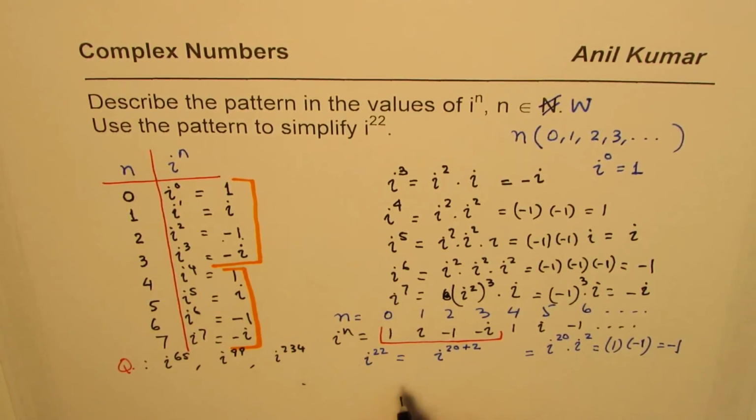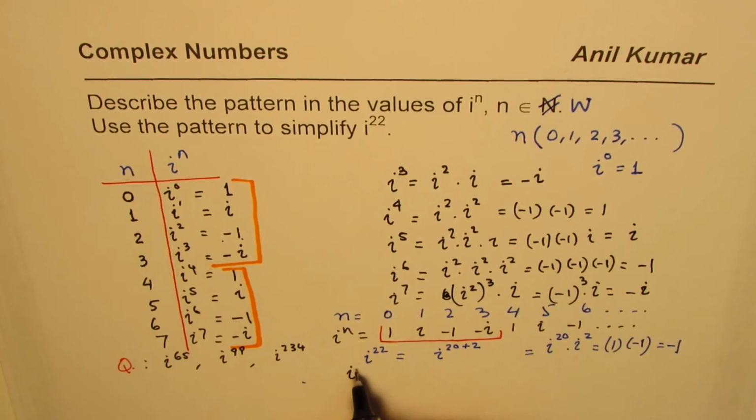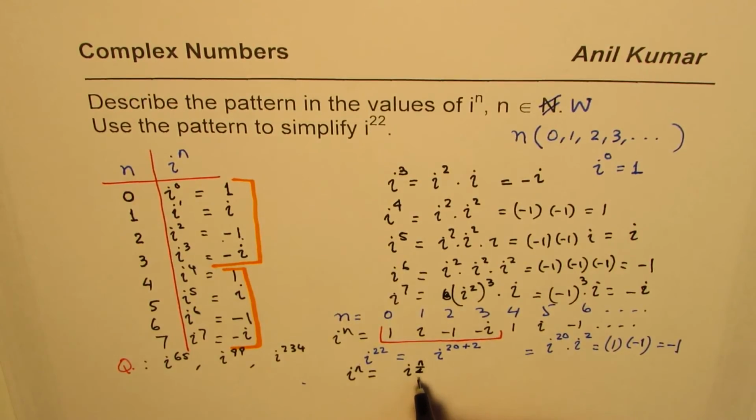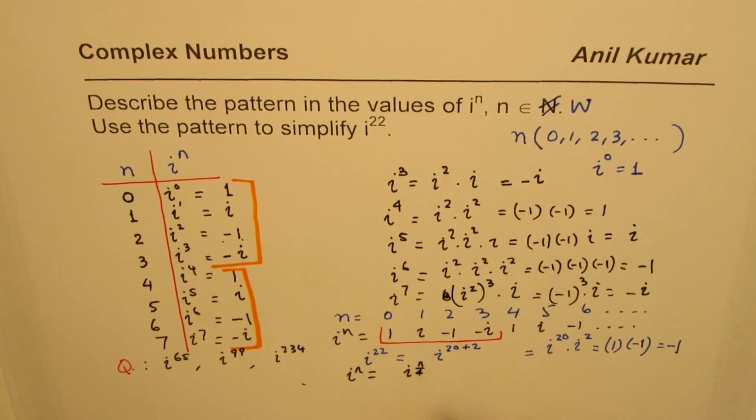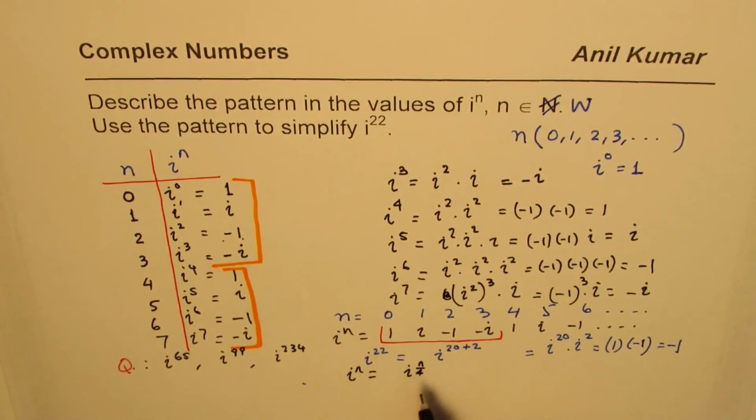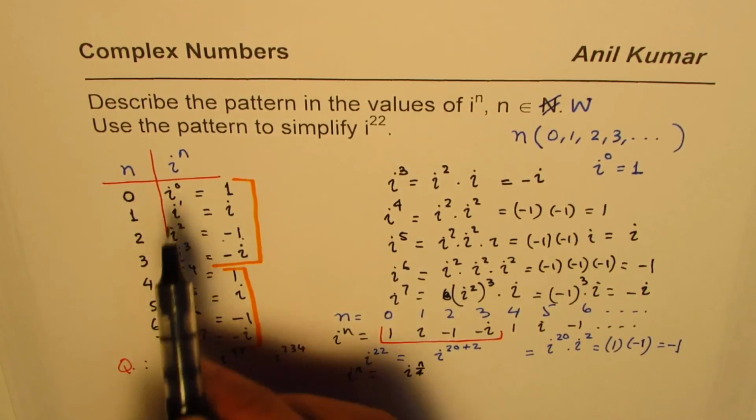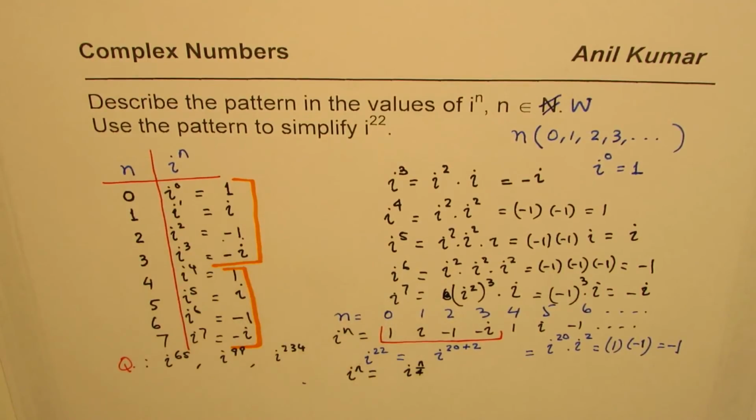So the rule here is that i to the power of n is equal to i to the power of the remainder when n is divided by 4, right? So divide by 4, and when you do that, you'll get a remainder. If the remainder is 0, then your answer is 1, right?